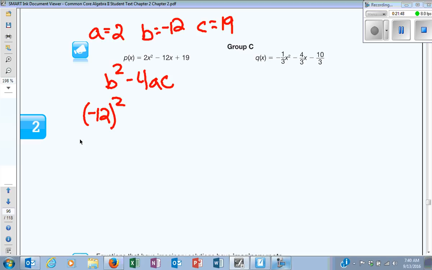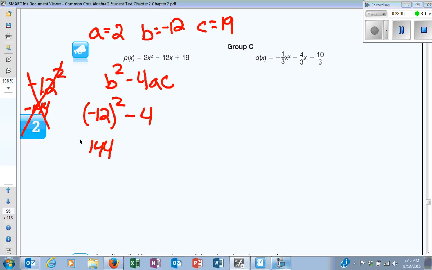Is there a difference between this and this? If I don't plug in using my parentheses, I should get a negative 144, which would be wrong. If I plug in using my parentheses like I've been told to, this is actually negative 12 squared, which is a positive 144. Are you with me on these little things?